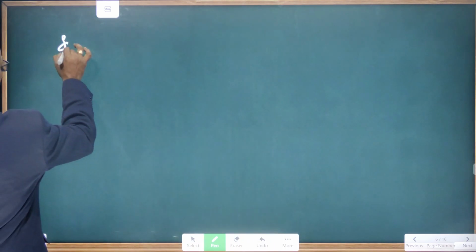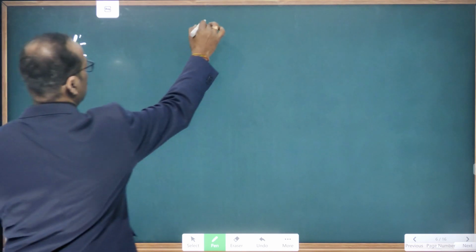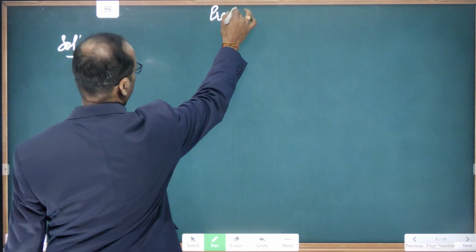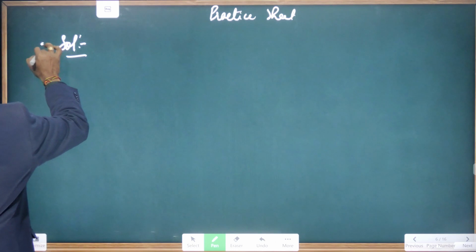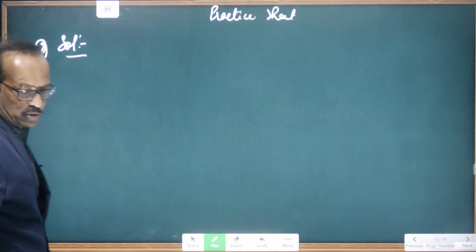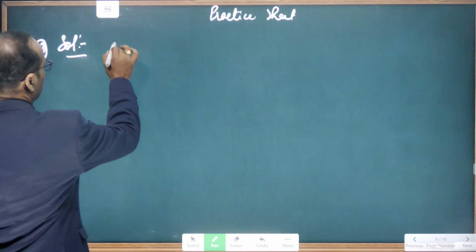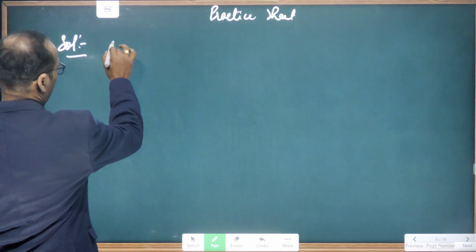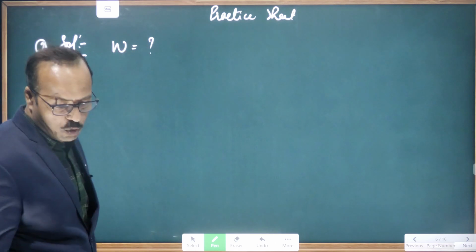So see the solution. This is from the practice sheet, students, the second problem I am solving. Here, the amount of sodium carbonate means mass or weight, which we need to find. Then what is given?